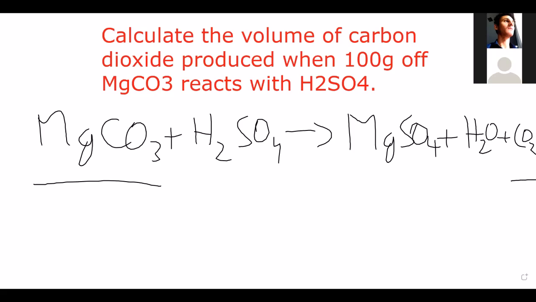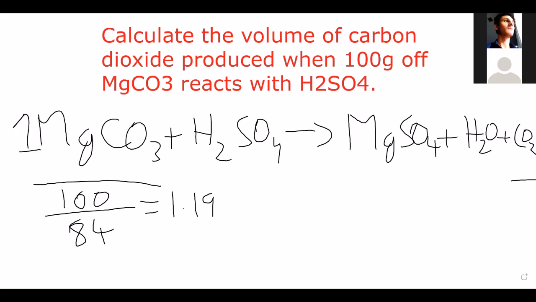We'll first find the moles of magnesium carbonate. That would be 100 upon the Mr. Mr will be 24 plus 12 plus 3 times 16, which is 84. This is equal to 1.19. Now in the equation, the ratio of magnesium carbonate to carbon dioxide is 1:1.